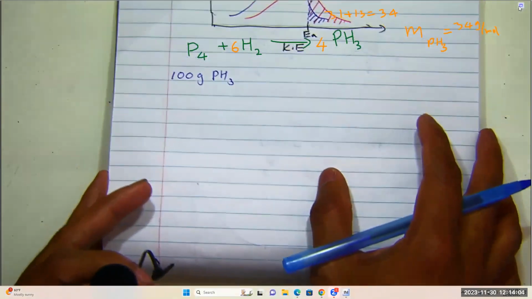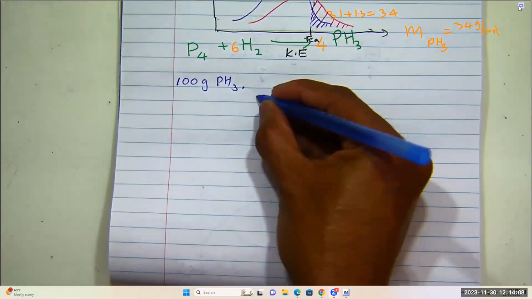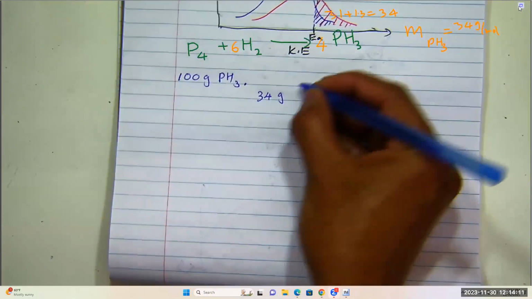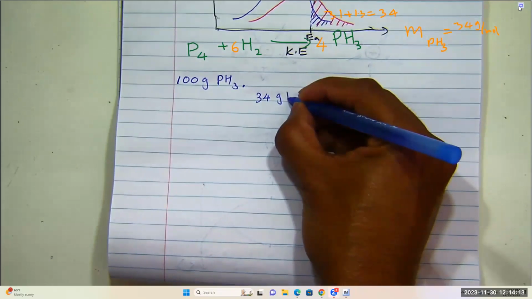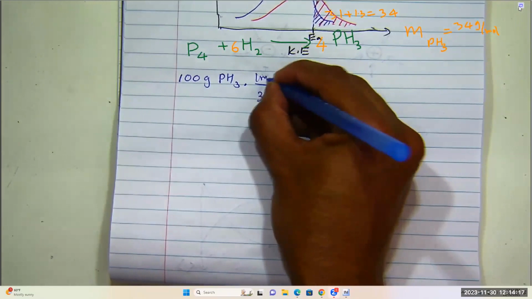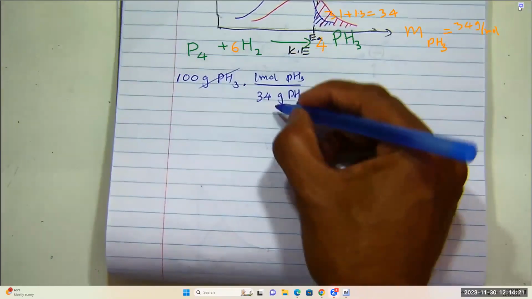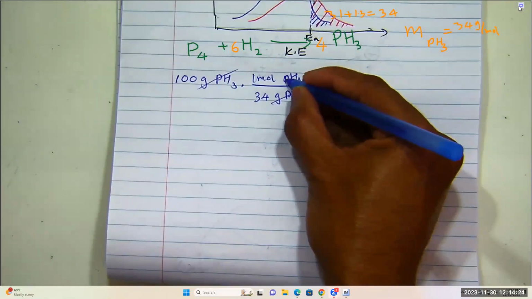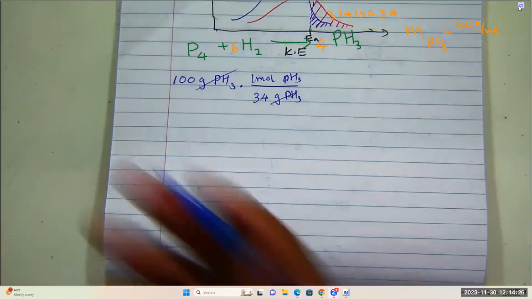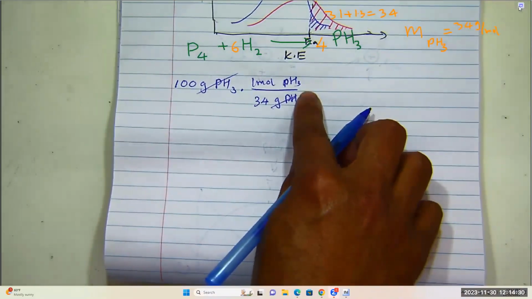First of all, I want to cancel out the grams of PH3. So I divide by the molar mass of PH3, because 34 grams of PH3 is the mass of 1 mole of PH3. I can cancel out the grams of PH3. Now I'm in the moles phase, but it's PH3 moles. I want to convert this to moles of hydrogen.